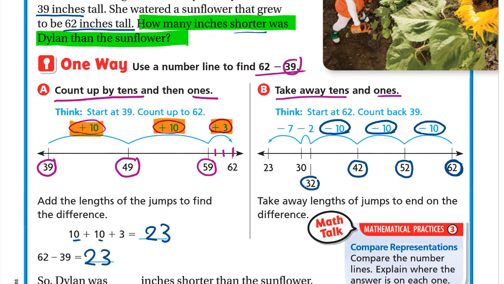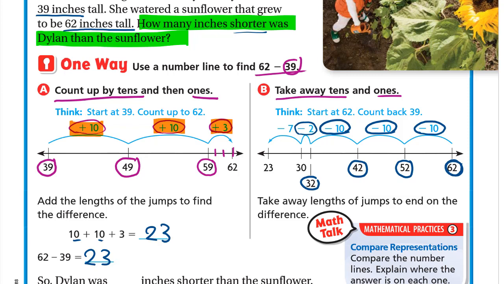We can't subtract one more 10 because we already subtracted 3 tens. We subtracted 30 and we need to subtract only 39. If we subtract one more 10, it means we subtracted 40. So we subtracted 30, we still have to subtract 9. Okay, so here we are at 32. We can subtract 2 easily.